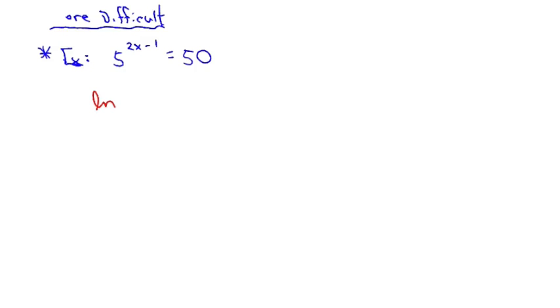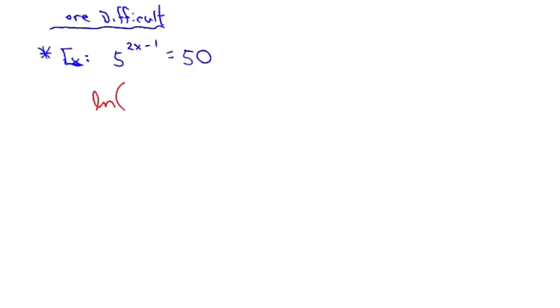How many letters are in log? 3. I'm lazy. The difference is not much, other than their bases. ln has a base of e, log has a base of 10. But when I log both sides, I choose ln because I only have to write 2 letters, because I'm lazy. You can write log or log base 2 if you really wanted to, but that's not worth it.